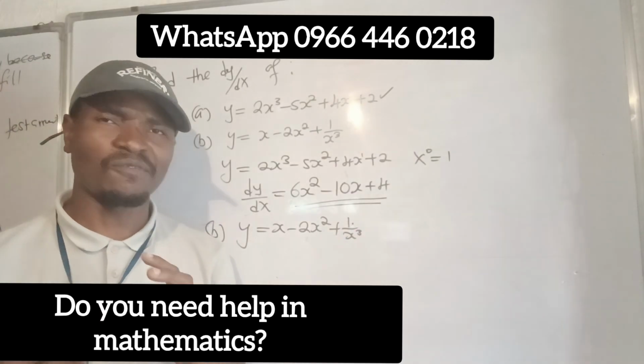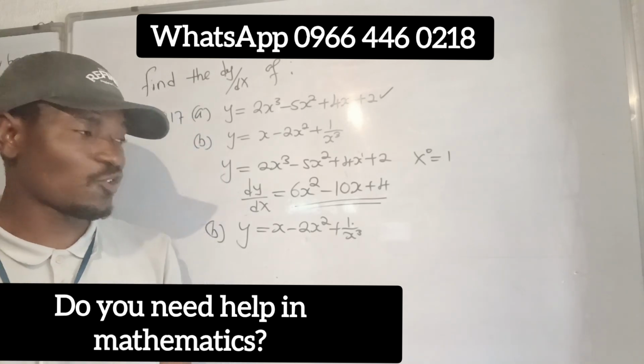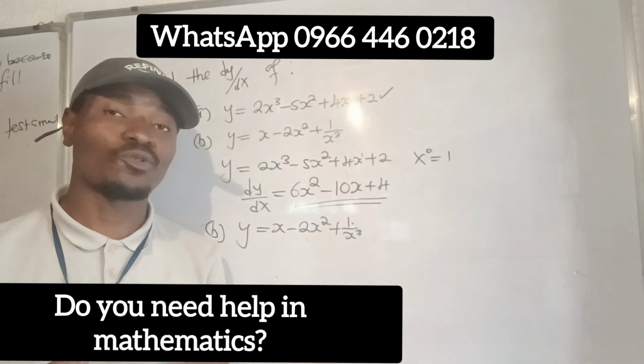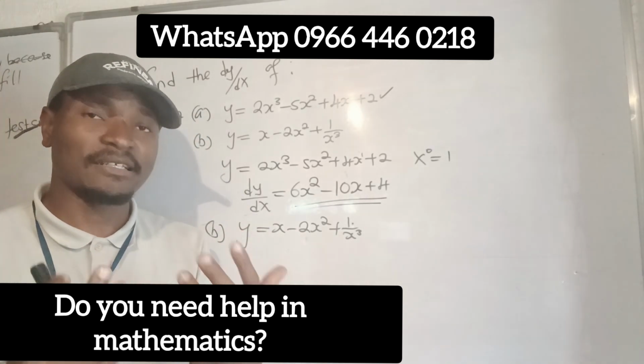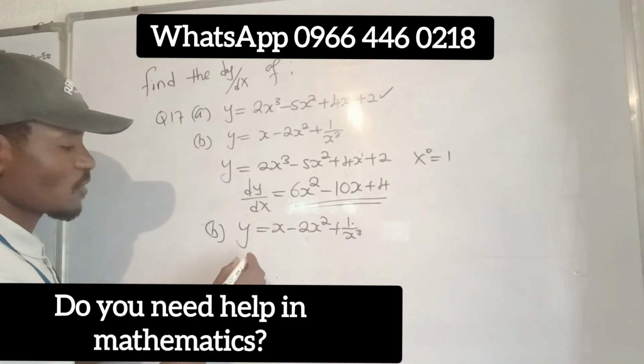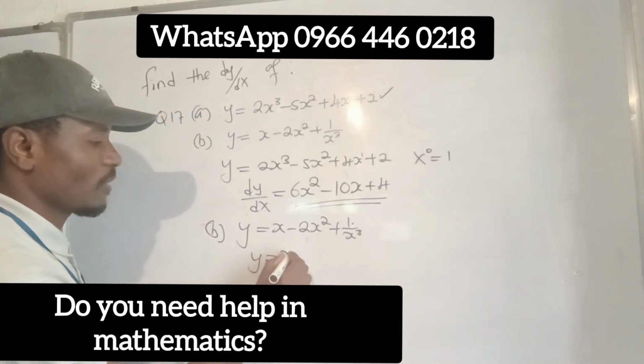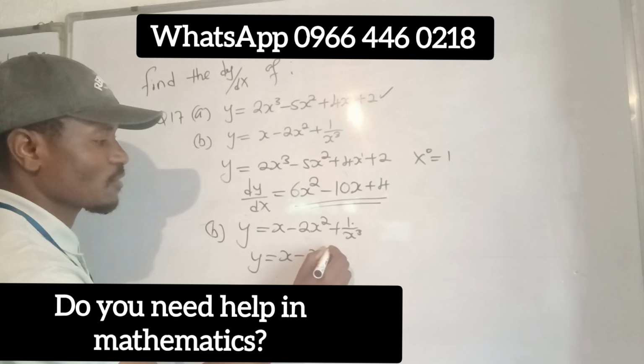This is something that we have never come across, and for us to make it very simple, we have to put it in a simple way. So y is equal to x minus 2x^2.